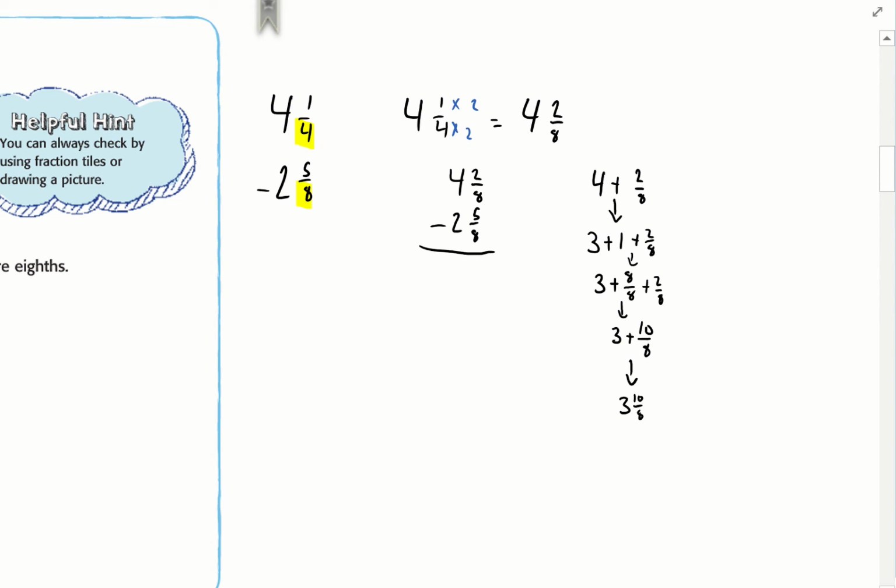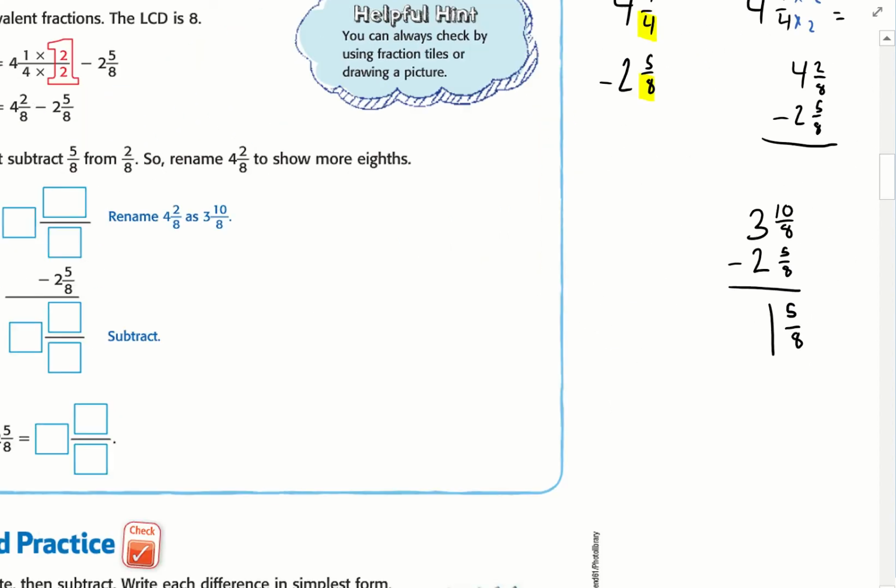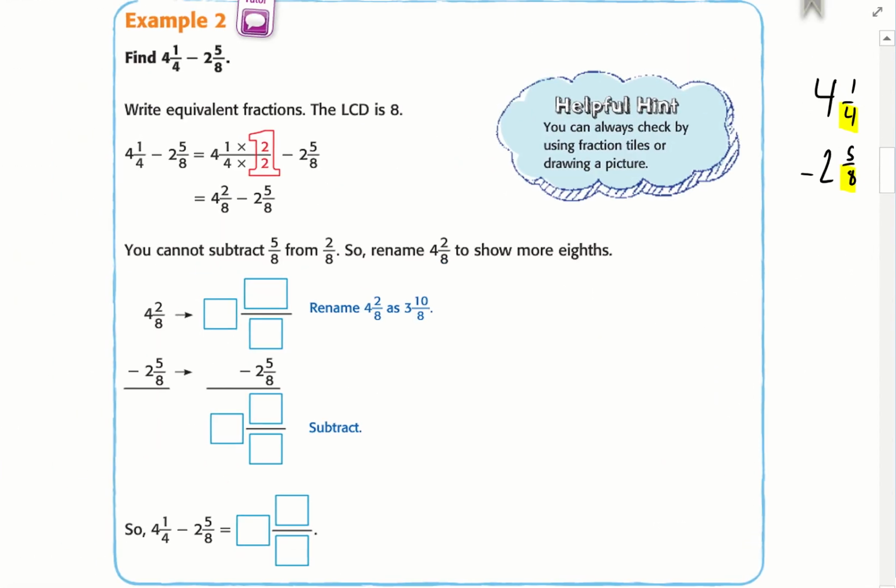So it's a lot of steps, but now my 4 2/8 has become 3 10/8. So I'm going to rewrite this as 3 10/8 minus 2 5/8. 10/8 minus 5/8 equals 5/8, and then 3 minus 2 equals 1. So I get the final answer of 1 5/8.